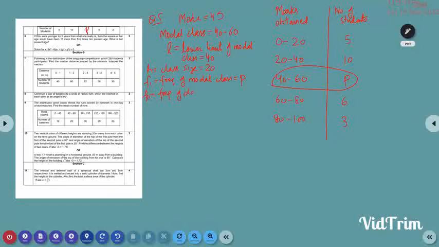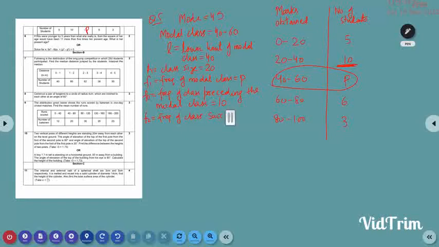So 45 is equal to 40 plus (P minus 10) upon (2P minus 10 minus 6) into 20. So this will be 45 minus 40 is equal to (P minus 10) by (2P minus 16) into 20.